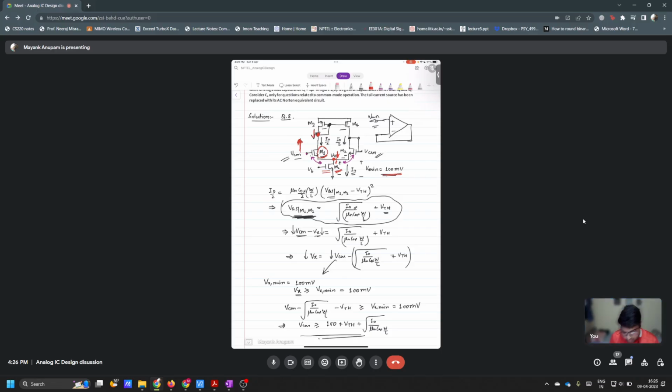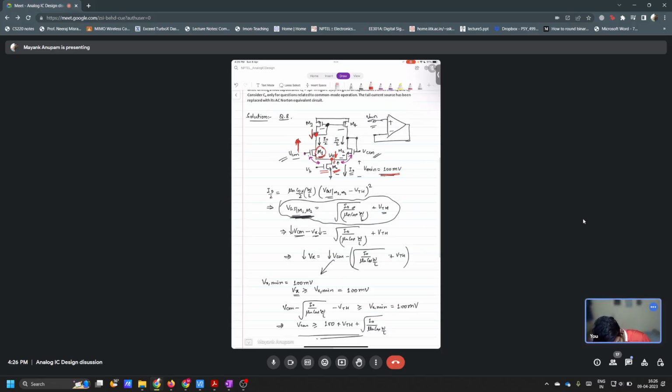Similarly, you are increasing VCM, so definitely gate and drain of these two are moving up. But the gate voltage of this M4 is fixed. The drain voltage of M4, which is the PMOS, is moving up, but the gate is fixed. So definitely M4 is also under the possibility of moving into triode region, isn't it?